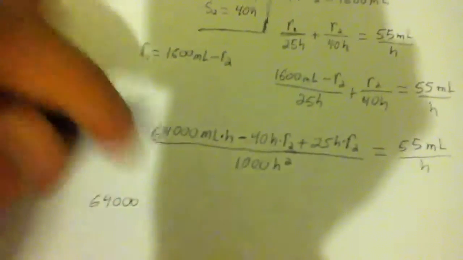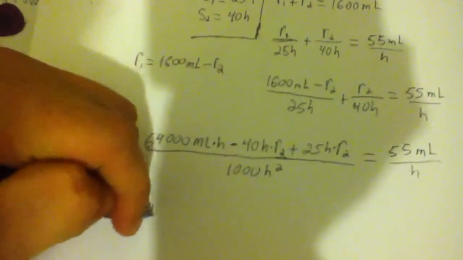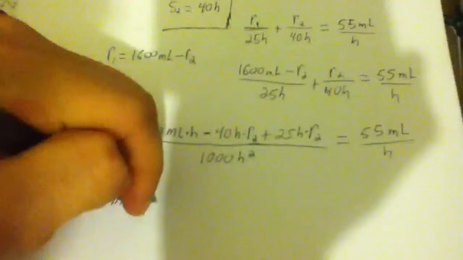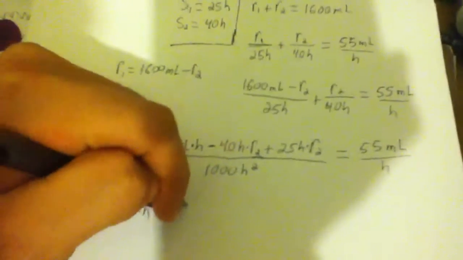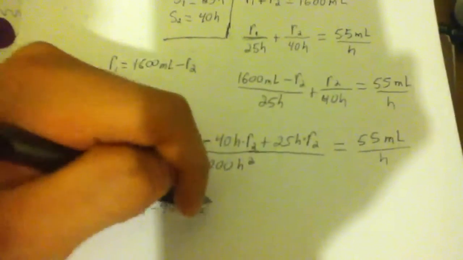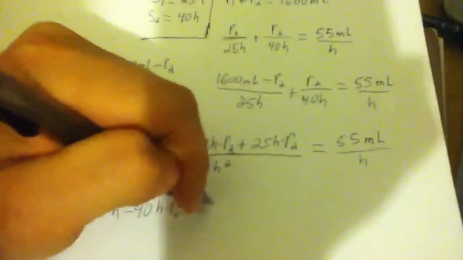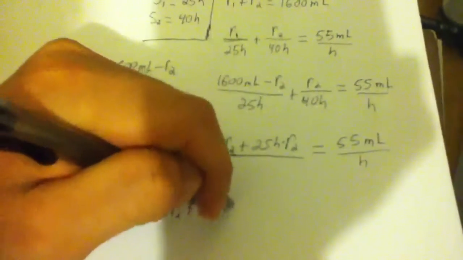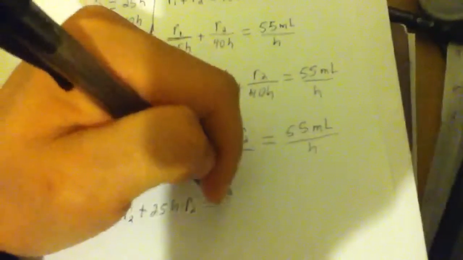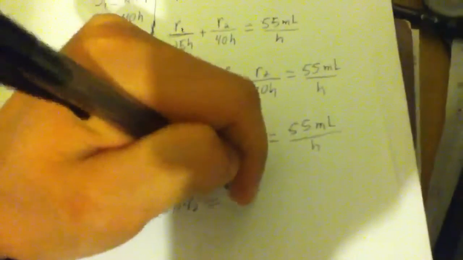So 64,000 milliliters times hours minus 40 hours times R2 plus 25 hours times R2, and that is equal to, alright, 55 times 1,000 is 55,000, and then when we multiply here, we're going to have h squared.